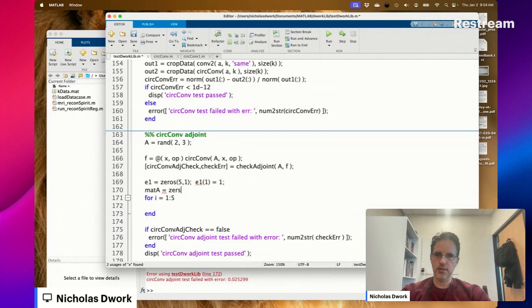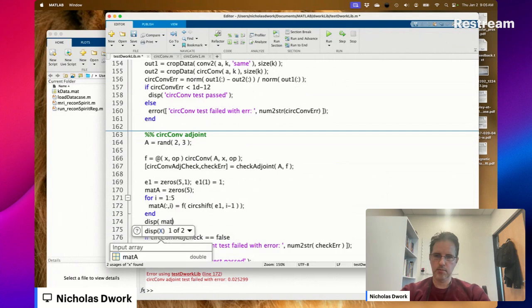The matrix for A is zeros, 5. Matrix A, F applied to K. No, circ shift E1, i minus 1. Display matrix A.